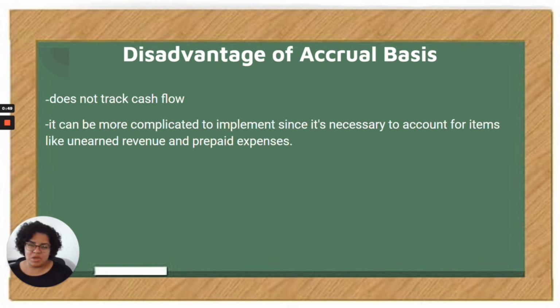So that's one of the disadvantages with the accrual basis. It can be complicated because it accounts for unearned revenue and prepaid expenses. Because the accrual method is seen as more complicated and because it does not track cash flow very well, some small business owners see it as complicated and more expensive to use.